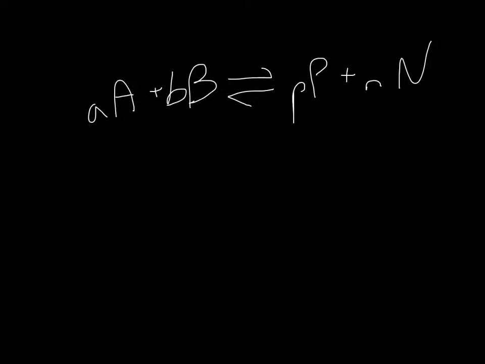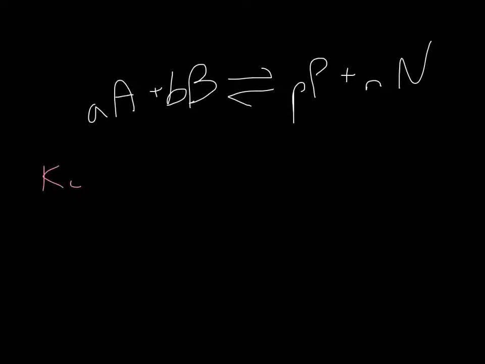Well, let's talk about what that is. So each equilibrium has a number called the equilibrium constant. This is a K, not to be confused with Kelvin, and sometimes there's a c next to it, Kc.